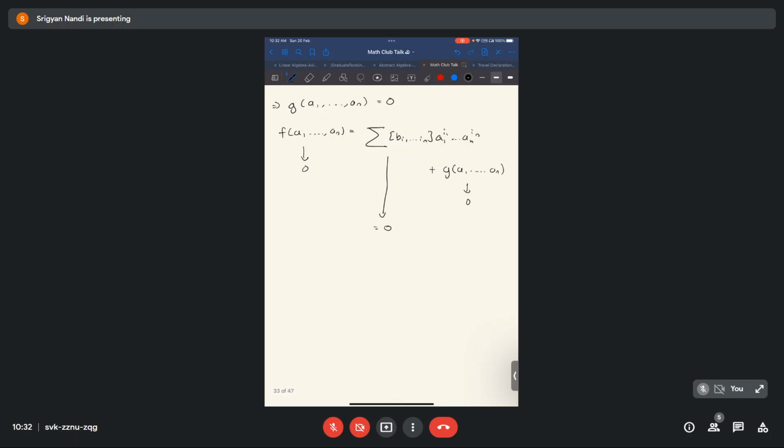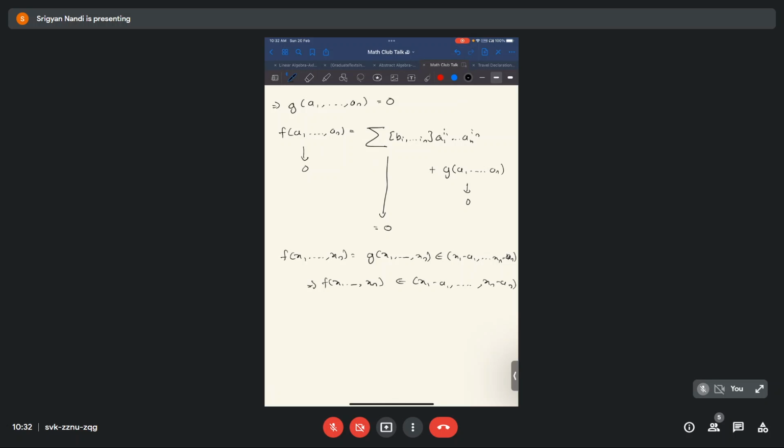So that means that we have f(x1 to xn) is equal to g(x1 to xn), and g belongs to the ideal generated by x1 minus a1 to xn minus an, which implies that f belongs to this ideal. Therefore, we achieve what we started out with.